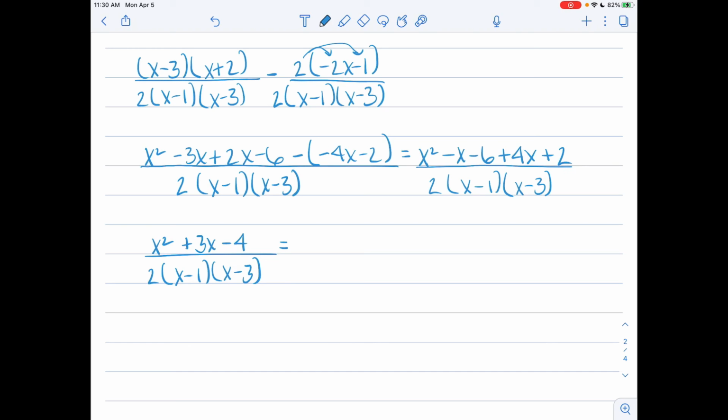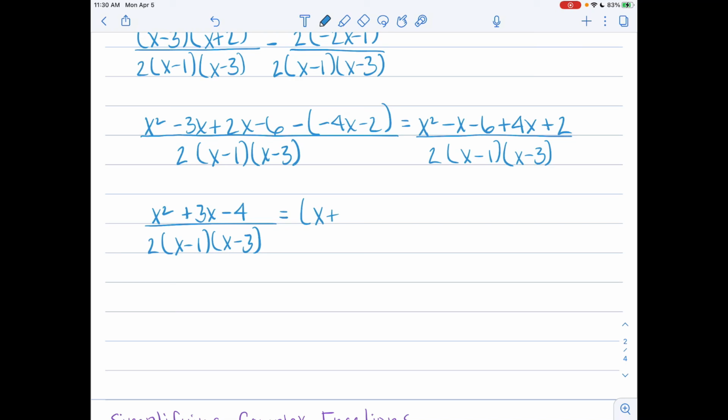Now I need to factor this new quadratic. I will have x plus 4 and x minus 1, which will give me the plus 3 that I need. 4 and a negative 1 gives me the positive 3. And then on the bottom, I continue to have this.